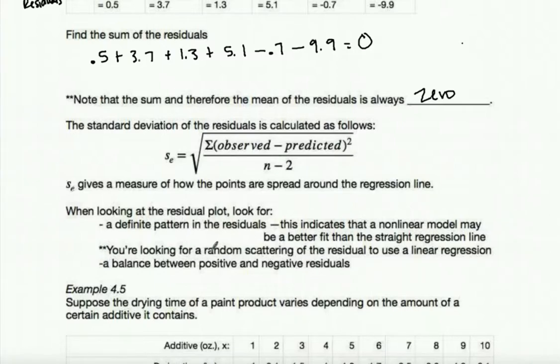So remember, you're looking for a random scattering of the residuals, a little above and a little below, to be able to use a linear regression. You also want to see a balance between the positive and the negative residuals, because they should always add up to 0. So you've got to have a little bit on the top and a little bit on the bottom to get to that 0.